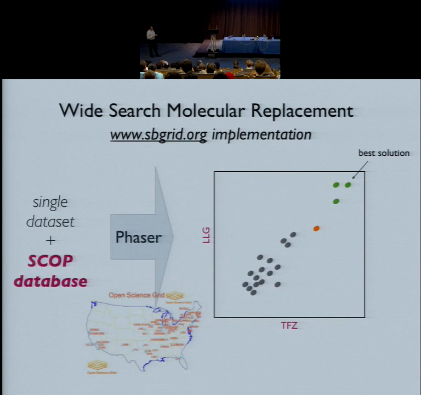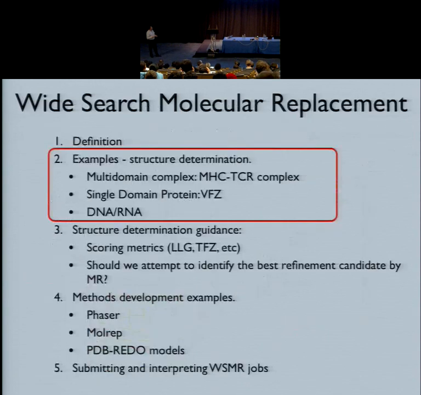We submit those Phaser jobs, and typically once the job is submitted, we get results back within 12 hours or so. So this is 100,000 Phaser runs. Then we construct this graph, which is LLG versus TFZ, and we try to identify if from this graph we really get anything worthwhile for structure determination.